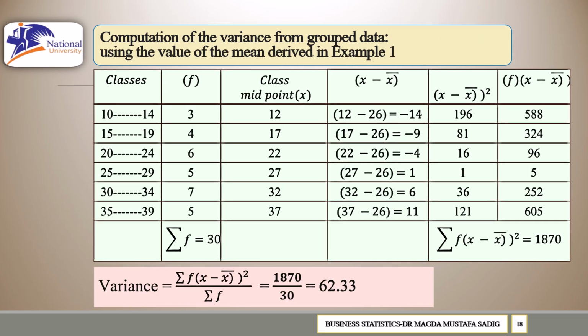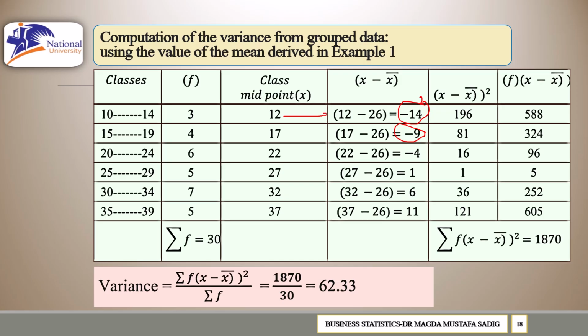Let's come to the computation of variance from grouped data. We use the same table and the same mean value, but here we're not going to use absolute values. Rather, we use the actual values, minus 14, minus 9, but we are going to square them.